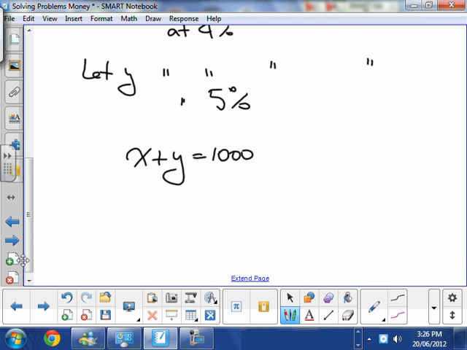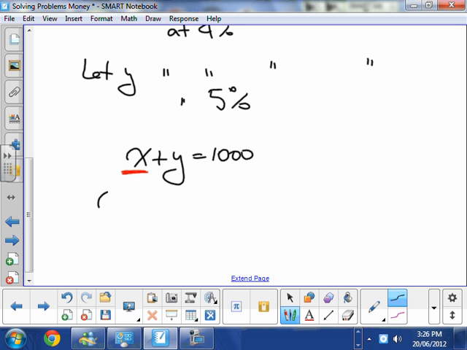Okay, so the X is invested at 4%. What is the interest earned? Well, it is 4%, and how do I calculate the amount of 4%?